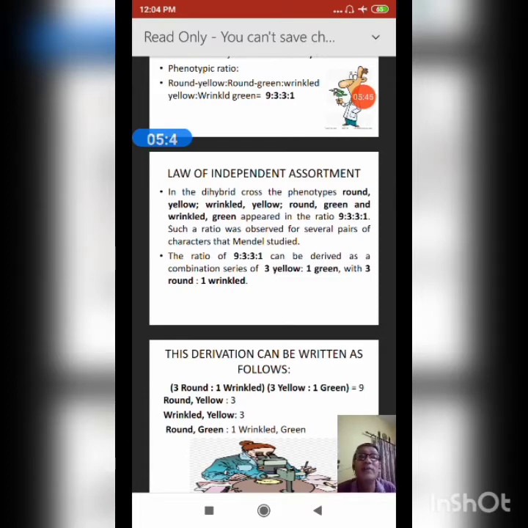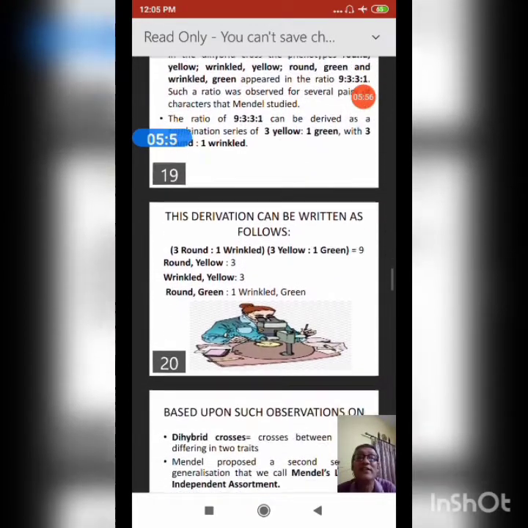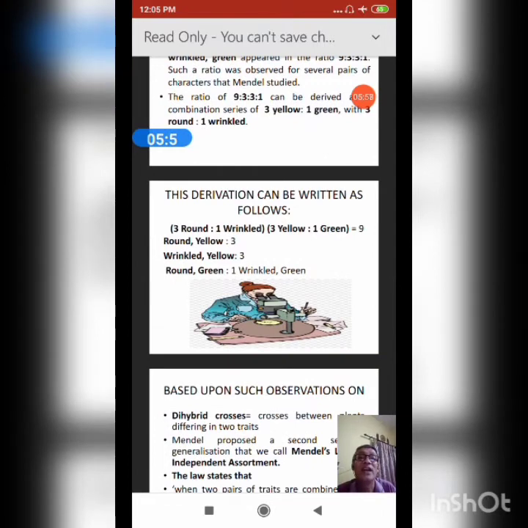So the ratio of 9 is to 3 is to 3 is to 1 can be derived as a combination series of 3 yellow is to 1 green, 3 round is to 1 wrinkled. So this derivation can be written as follows: 3 round is to 1 wrinkled times 3 yellow is to 1 green is equal to 9 round yellow, 3 wrinkled yellow, 3 round green, 1 wrinkled green. So the derivation has been clearly depicted here.